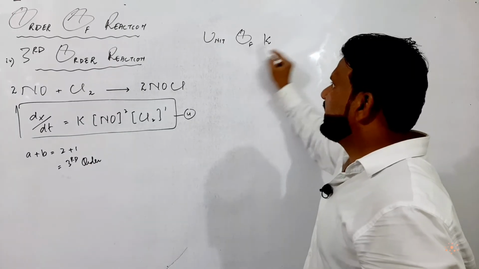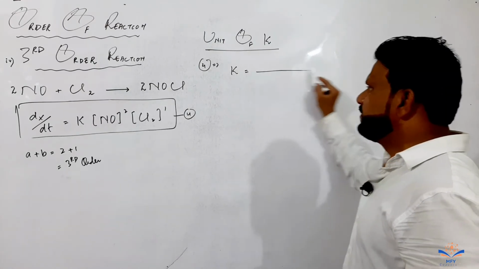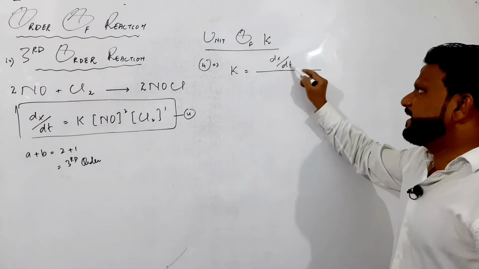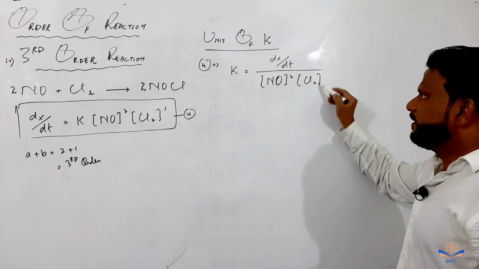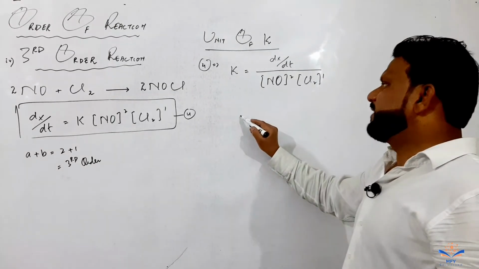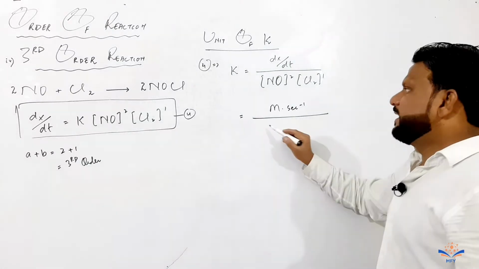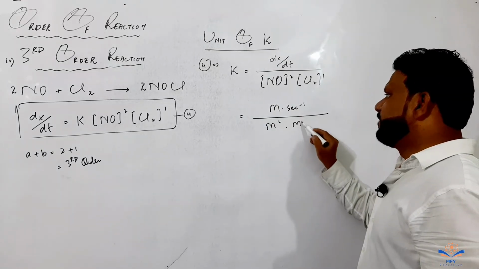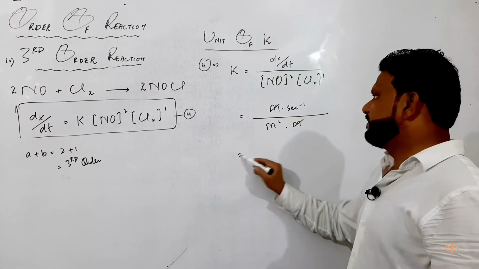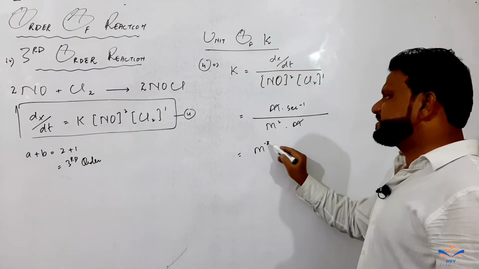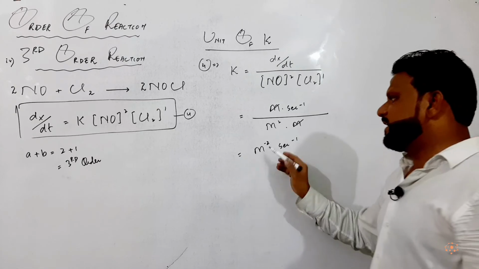Unit of K. From equation number 4, the value of K will be equal to dx/dt over NO power 2 Cl2 power 1. Put the units of dx/dt, molar second inverse, and active mass molar square into molar. Mole cancels out. It means that the unit becomes molar square inverse second inverse. Now put the value of M in the above equation.